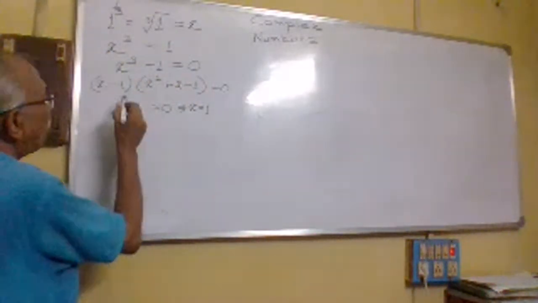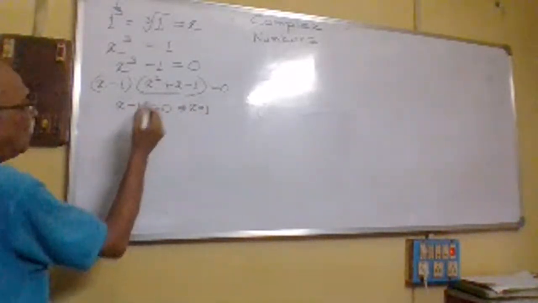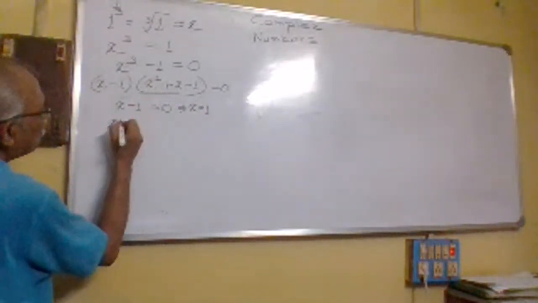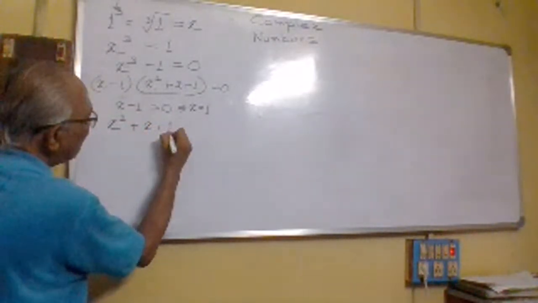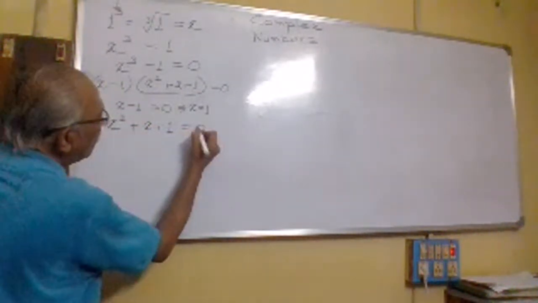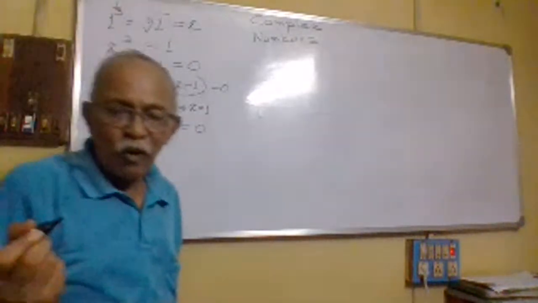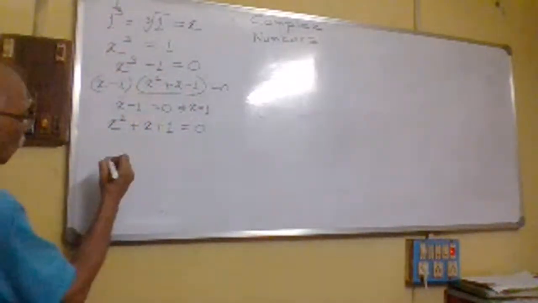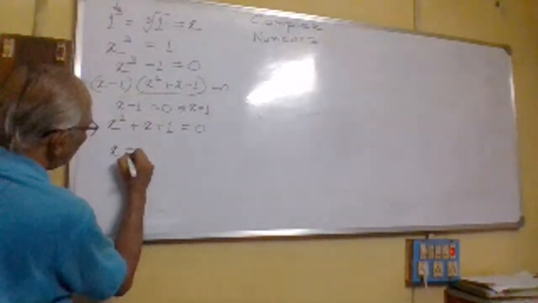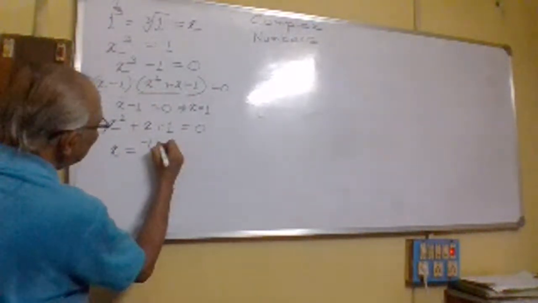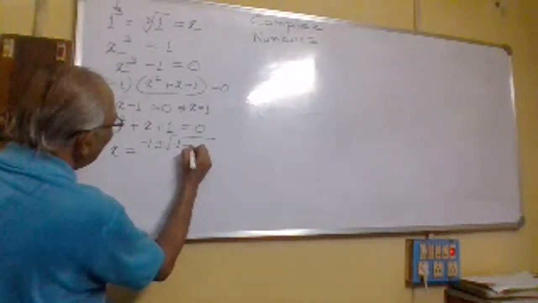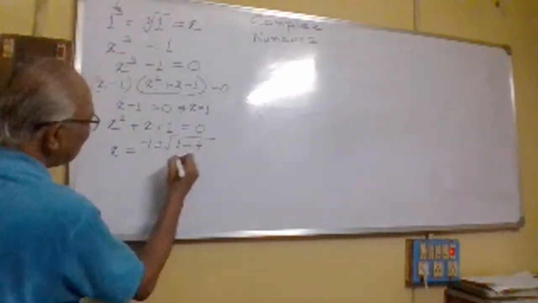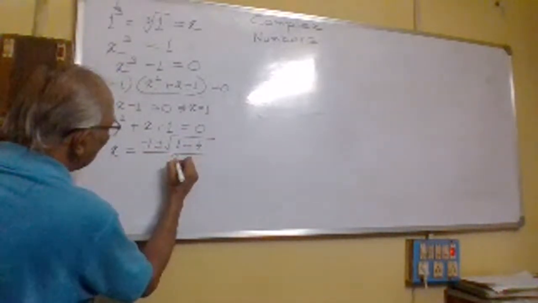Now we'll think about this part. So this one, x square plus x plus 1 equals 0. You are knowing Sridhar Acharya's formula for this quadratic equation. X equals minus b plus minus root of b square minus 4ac by 2a.